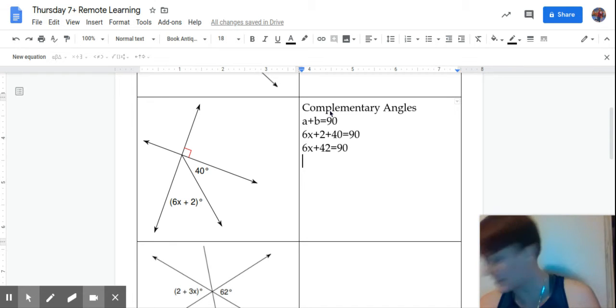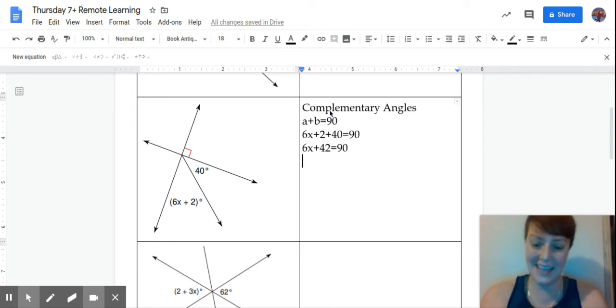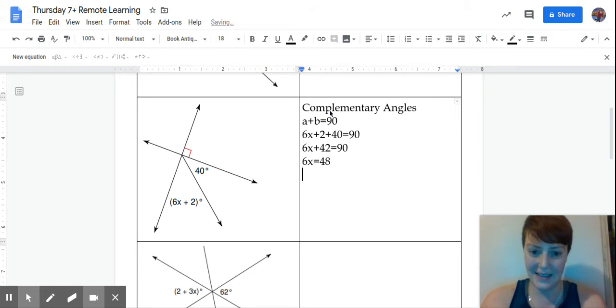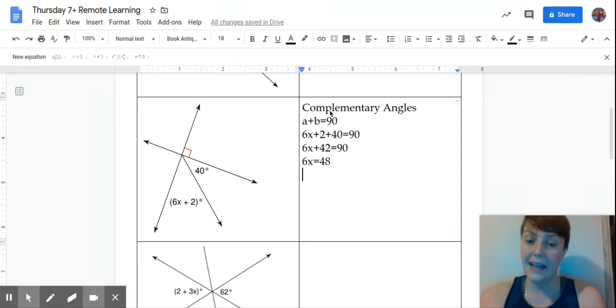And we're going to get 6x is 48. And then, of course, we divide by the number touching x, and that is the 6. And so 6x divided by 6 is just x. And 48 divided by 6 is 8, because I can math. And then that's it. We're done.